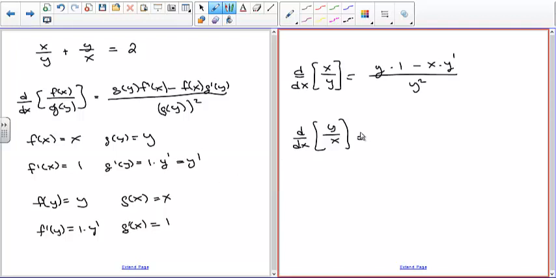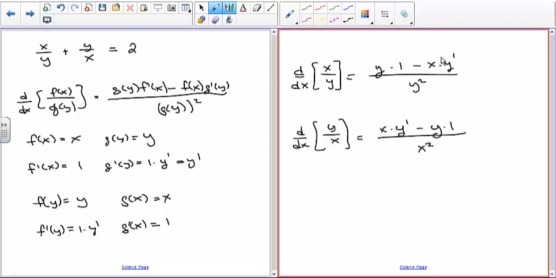So that's the second one. In this case, it's g of x times f prime of y. So we're going to start with the g part. So it'll be x times y prime minus f of y times g prime of x, so y times 1 over x squared.